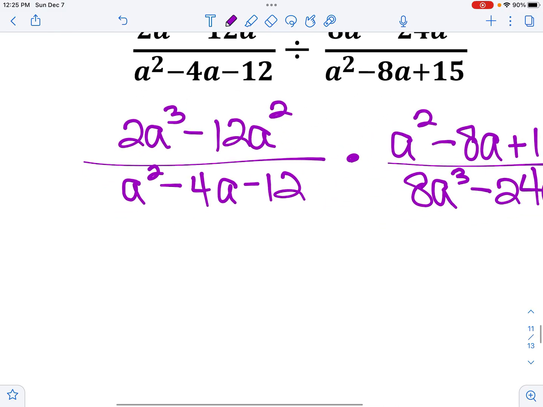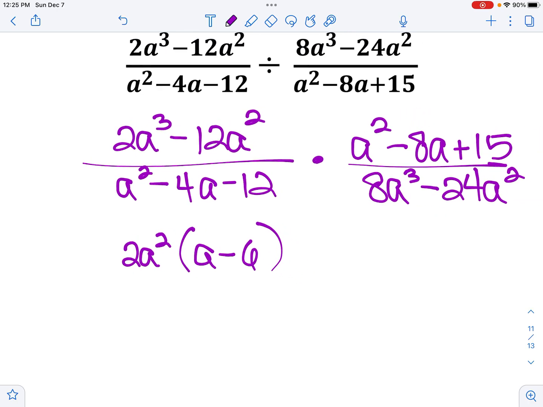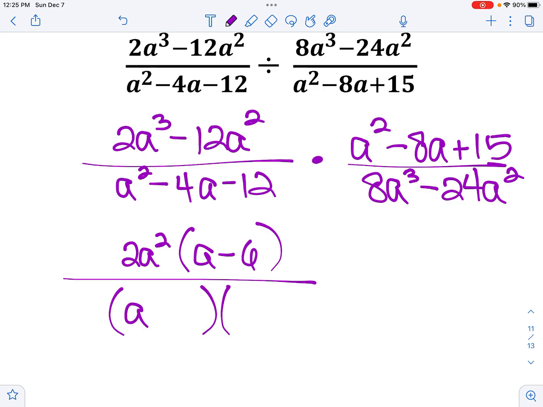All right, this first top left one, we have a 2a squared to take out, which would leave us with a minus 6. The bottom here would be -6, positive 2.